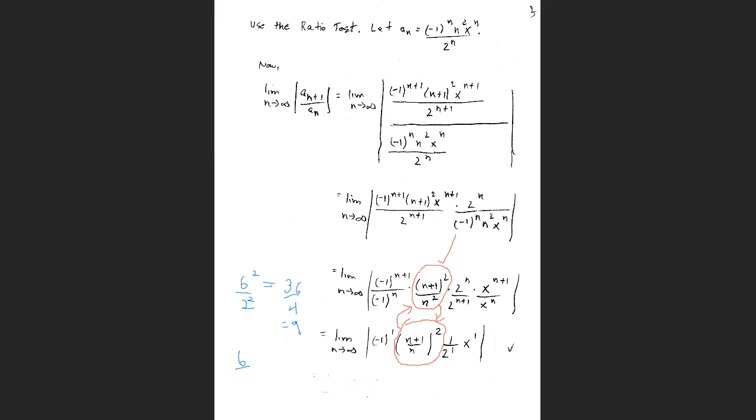Well, 6 squared over 2 squared is the same as 6 over 2, squared, which is 3 squared, which is 9. Does that little example help you feel a little more comfortable? Yeah. Okay. Well, then this should be okay. But think about it.